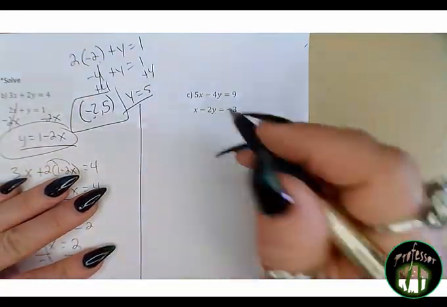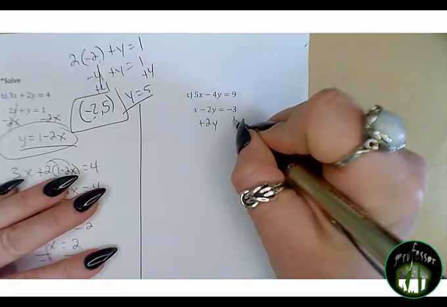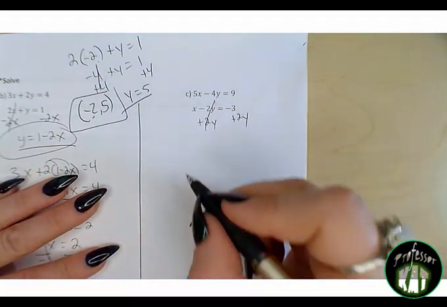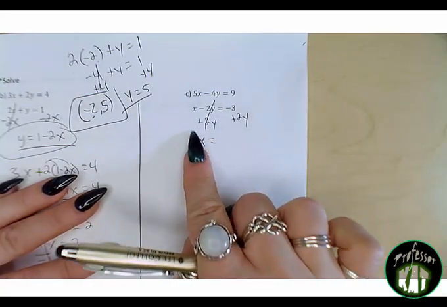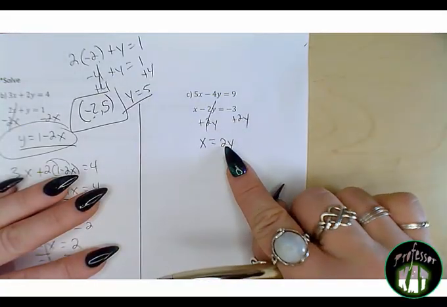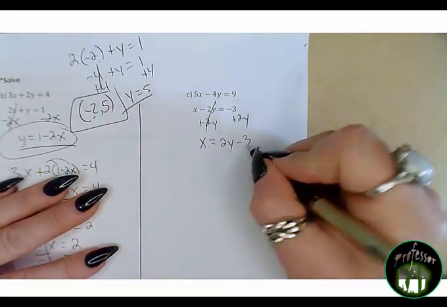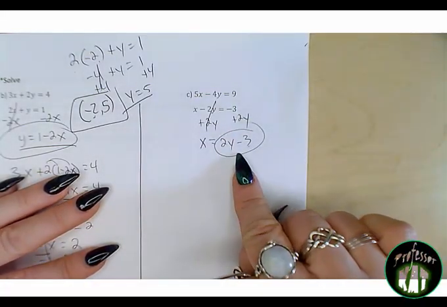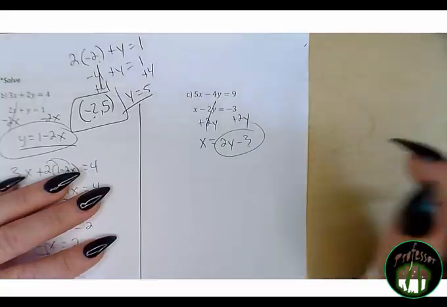Since we have a minus 2y there, let's do the opposite and add 2y to each side. On the left-hand side, that's going to cancel, letting us drop down this x is going to equal 2y. I'm going to drop down the 2y in front and then drop down that minus 3 behind it. That means x is equal to 2y minus 3.